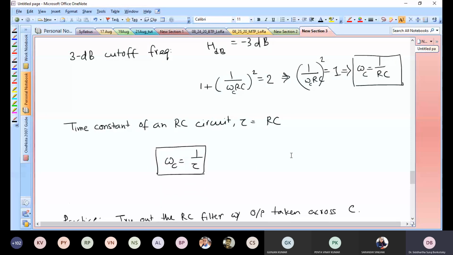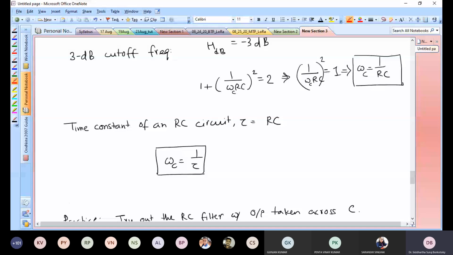And now, again, without any derivation, I am stating that the time constant of an RC circuit, like the one I showed here, is tau equals RC. So again, what we see here is that the 3 dB cutoff is 1 divided by the time constant, the inverse of the time constant.